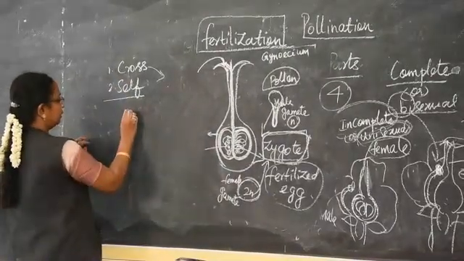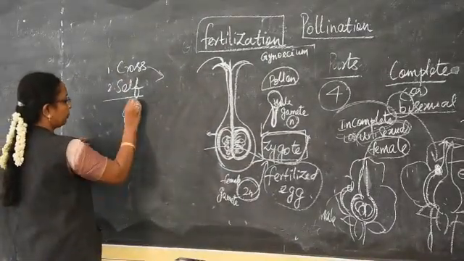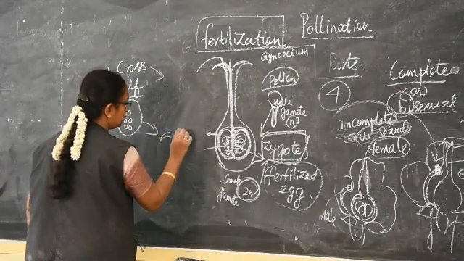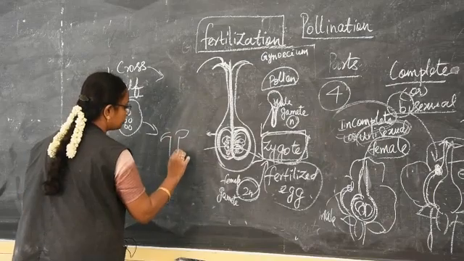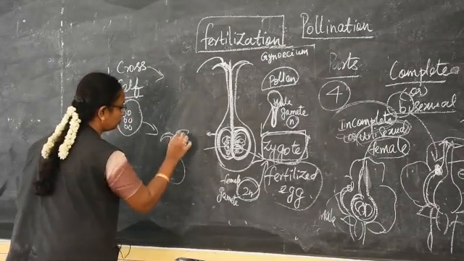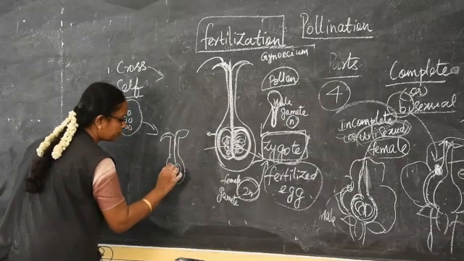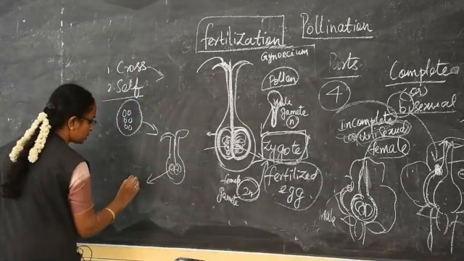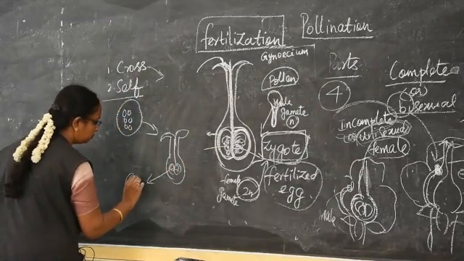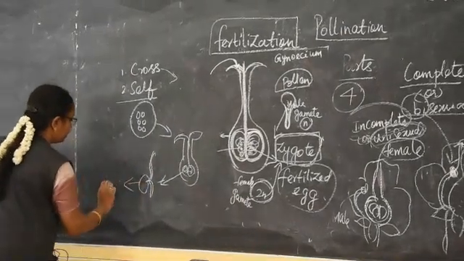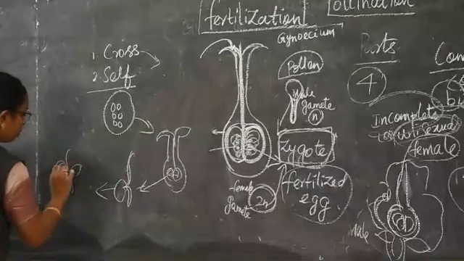So the anther falls onto the style and stigma. After that, pollination and fertilization, everything happens. Then it produces the new seed, and from the new seed, a new plant is formed.